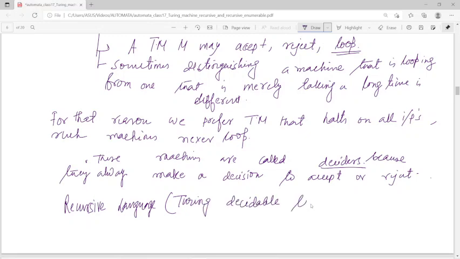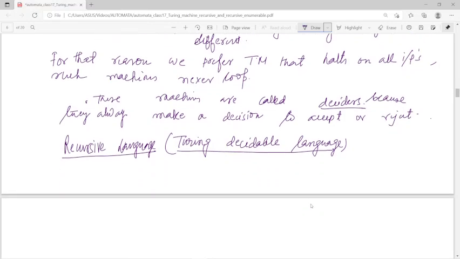Decidable means Turing machine decidable. In that case, every decidable language is Turing recognizable, right?